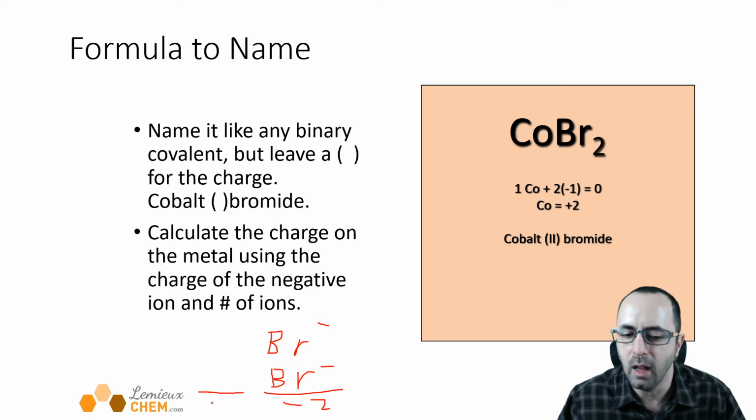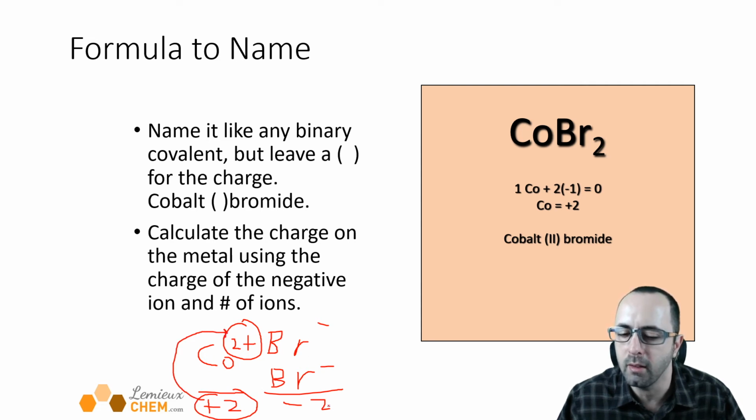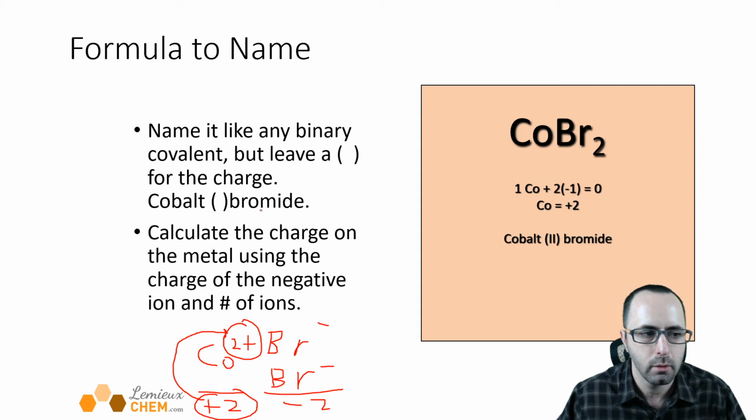That means that I must have 2 positive charges. But I've only got 1 cobalt to put it on. So my cobalt must be positive 2, because I knew I had 2 positive charges from the bromides together having 2 negative charges. Okay.